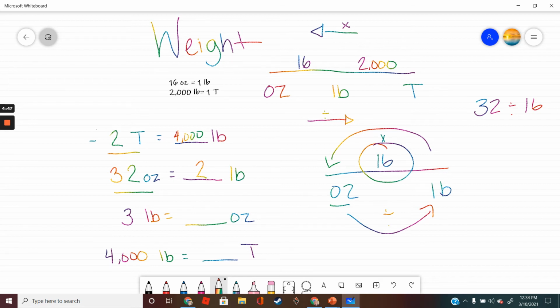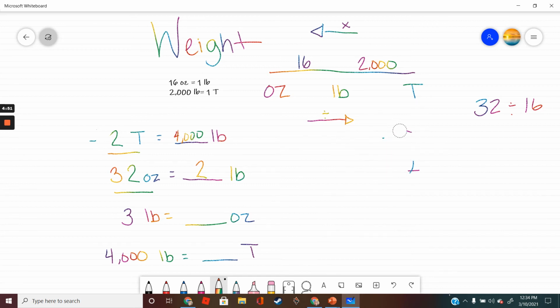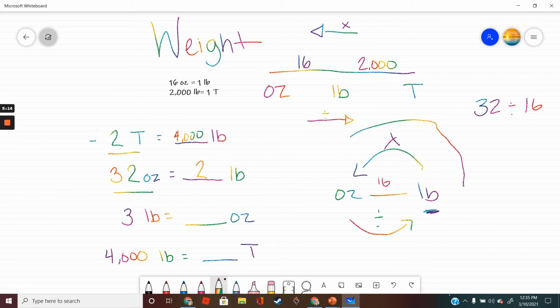All right, we can move from pounds to ounces. So if we take our ounces and pounds and our 16 again, okay? This way is a multiply. And this way is divide. All right. They give us pounds, and they would like us to move to ounces.